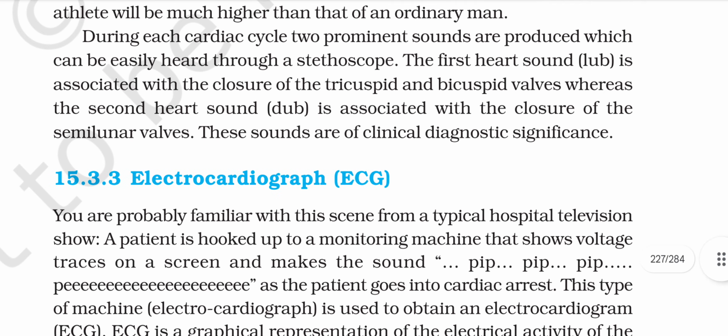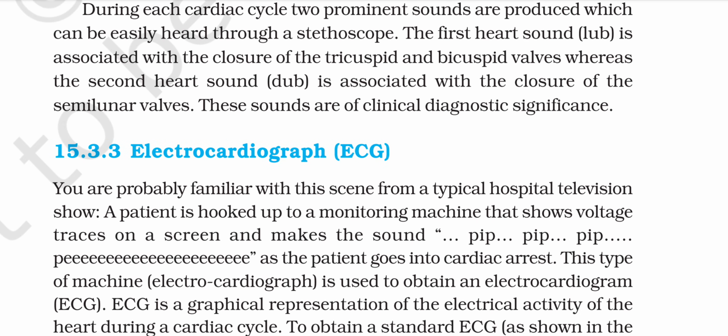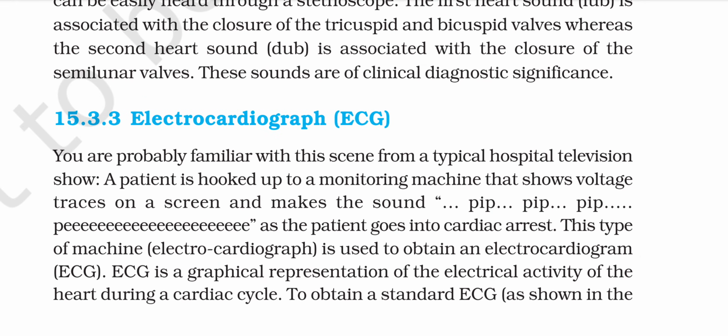The first sound, lub, is associated with the closure of the tricuspid and bicuspid valves, whereas the second heart sound, dub, is associated with the closure of the semilunar valves. These sounds are of clinical diagnostic significance.